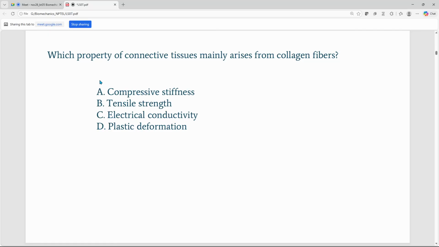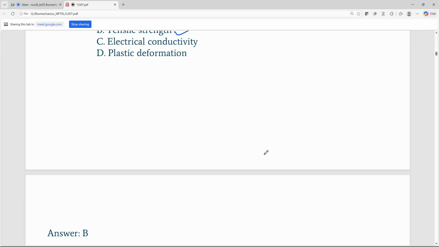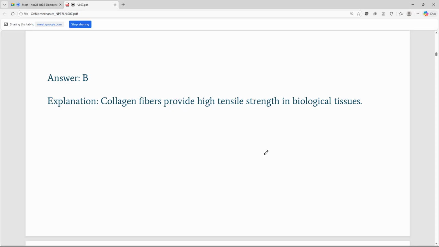If you think from the last question itself, it is evident that the collagen fibers give tensile strength. That is option B. Collagen fibers are major components of connective tissue which primarily offer tensile strength.